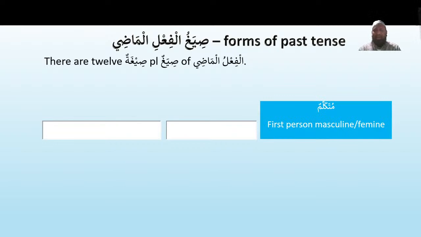Okay, next slide. Mutakallim. First person, masculine or feminine. We use only one sigha, one form for first person, masculine or feminine. It's called mutakallim, the speaker. So al-mufrad, mudhakkar and al-muannas.